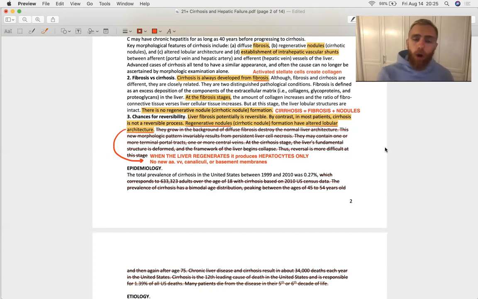Now, in early liver damage, it's just fibrosis, as we said. And the lobular structures of the liver are intact. That means your liver's got a normal vasculature. So think about that for a little bit. Think about what's going into the liver, your portal vein and your hepatic artery.